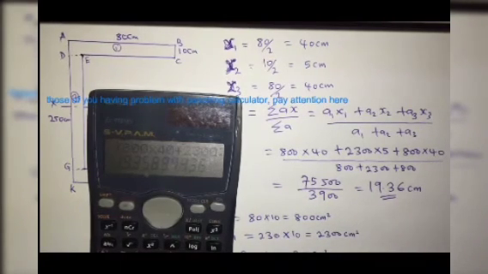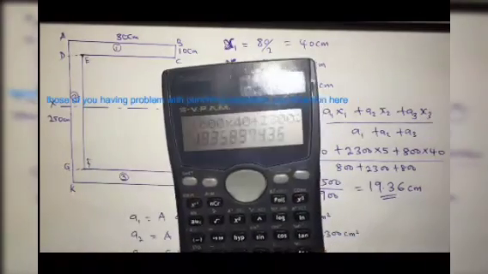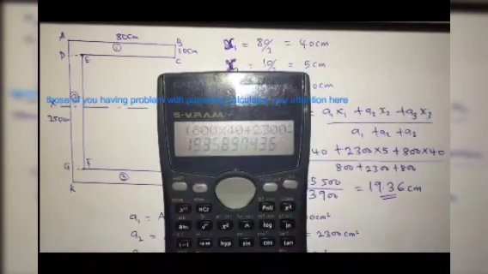So once you click on answer, you will have your answer directly, without the need to calculate the numerator first and then calculate the denominator and divide the two answers.